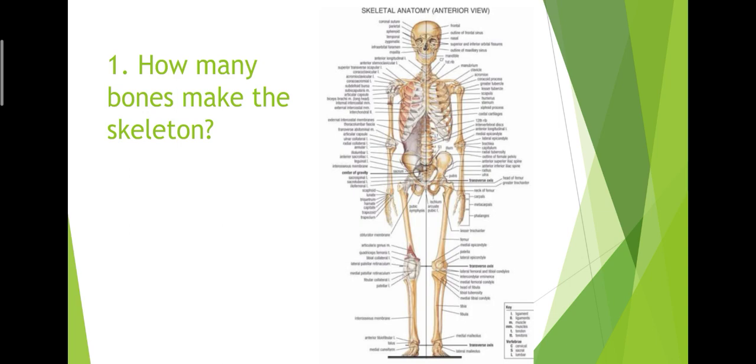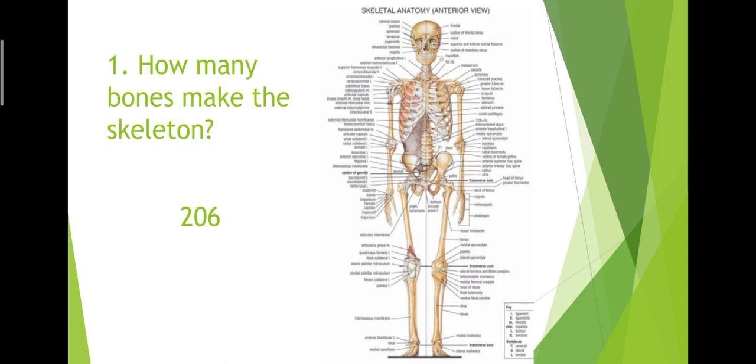So, students, the first question is about our skeleton system. It is asking us how many bones make the skeleton. There are a total of 206 bones in our skeleton system.